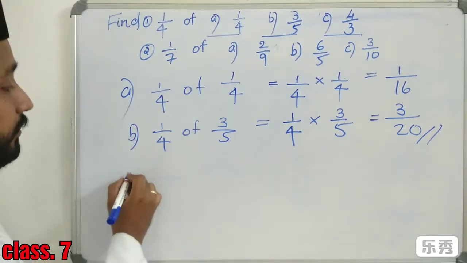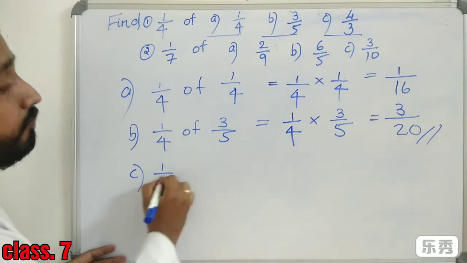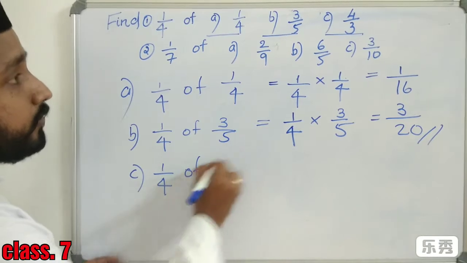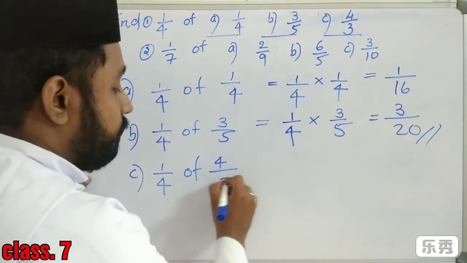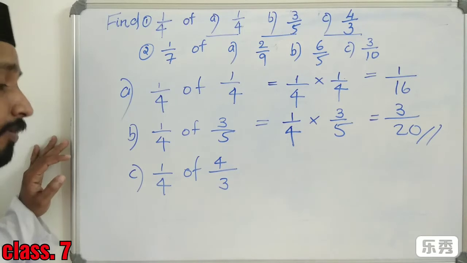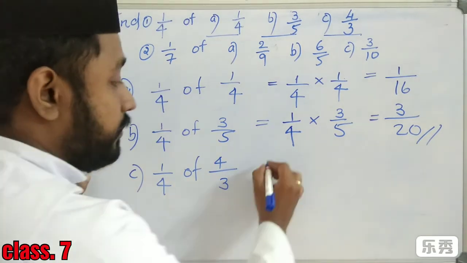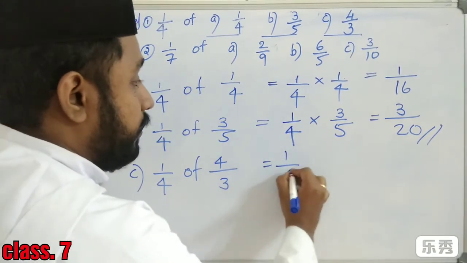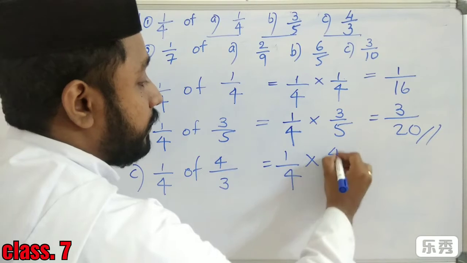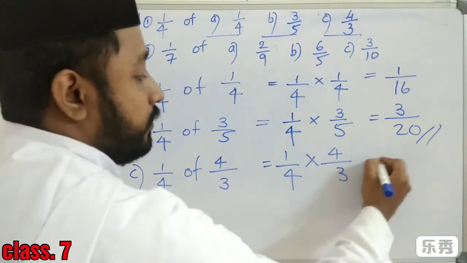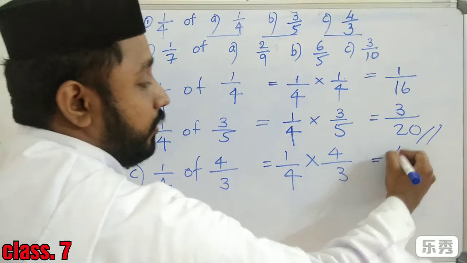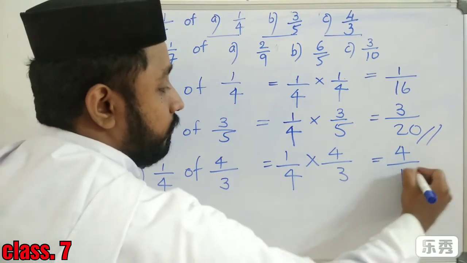Third one, 1 by 4 of 4 by 3 means 1 by 4 into 4 by 3, which is equal to 1 into 4, 4, 4 into 3, 12.